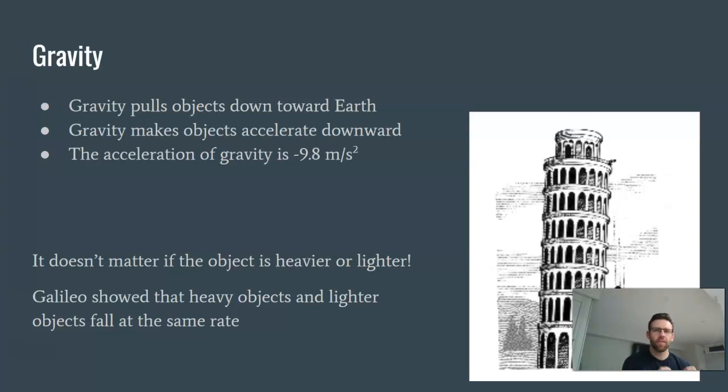But he found that they fell at exactly the same rate and they hit the ground at the same time, showing that heavier objects don't fall faster than lighter ones, and that gravity affected all objects equally. So we are able to use this constant of negative 9.8 meters per second squared for all objects that are falling towards Earth.